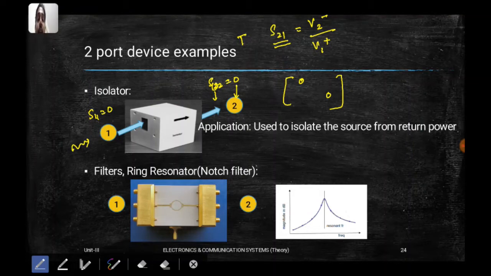Ideally the isolator should not consume any power. Whatever power is coming, it should be able to transfer to the second port.